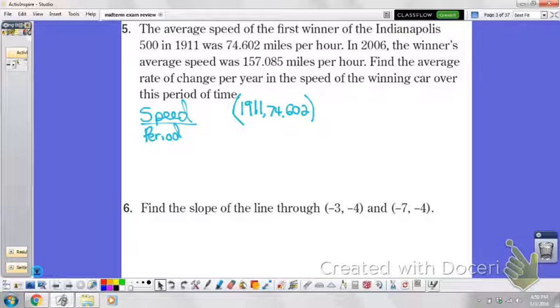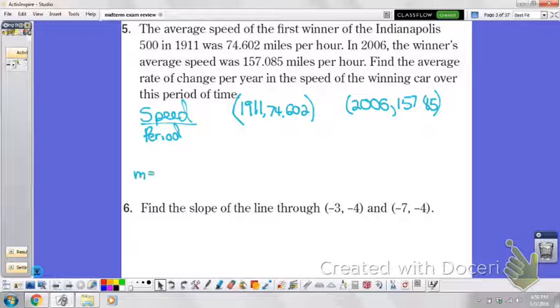And we were also given another point, another year and another speed, which was 2006 and 157.085. So we have 2 points, and we need to find the rate of change, or the slope, between these 2 points. And remember, we do that by using our slope formula.